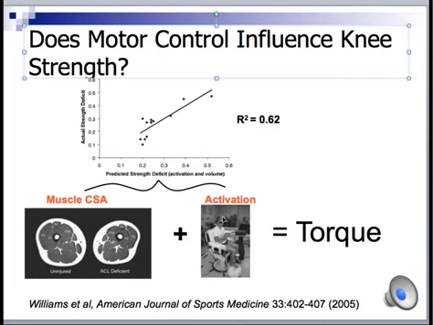So only through combining activation and the muscle state itself were they able to establish a strong connection between the isometric torque, which is connected to the force output in this particular case, with the muscle state. So what this underscores is the importance of both activation and things like muscle design when you're considering muscle function in your patients.